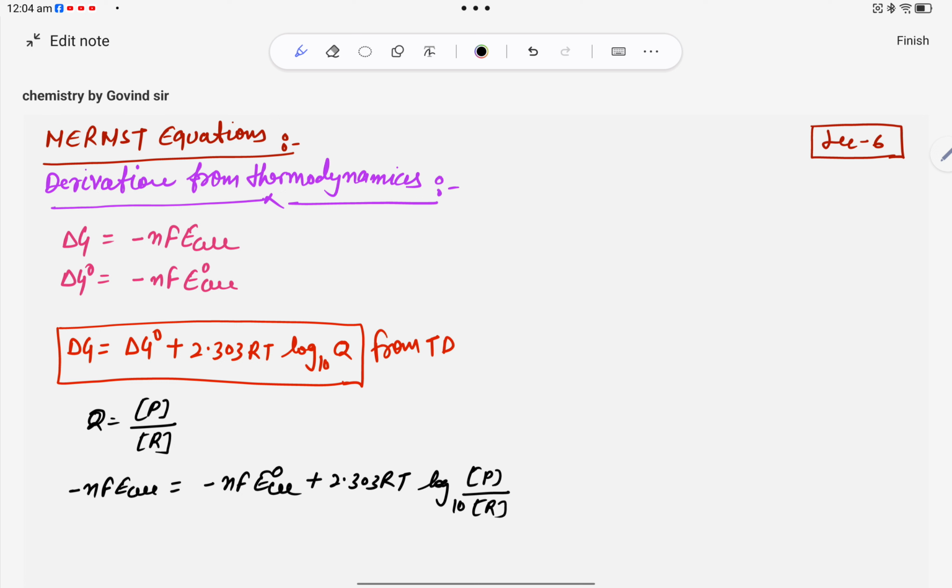Simple. Divide the whole equation by minus NF, then what you will get?